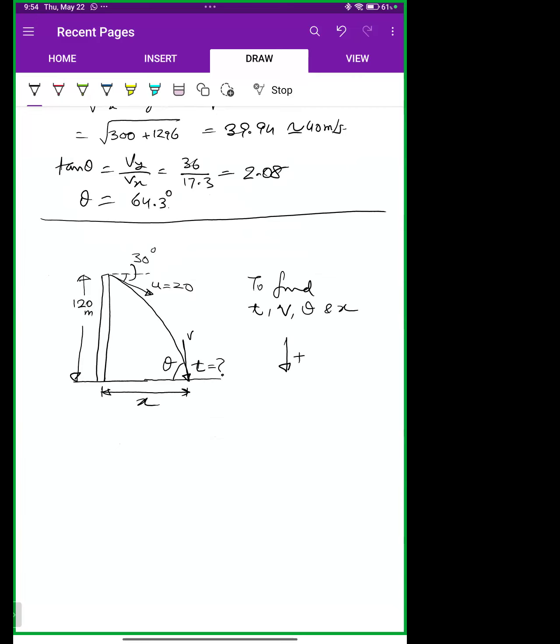The more you try them, the less likely you are to commit mistakes. From A to C, what is the Y displacement? 120. Uy is equal to U sine 30, 20 into 1 by 2.